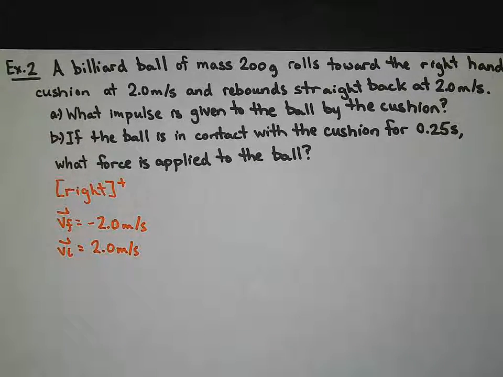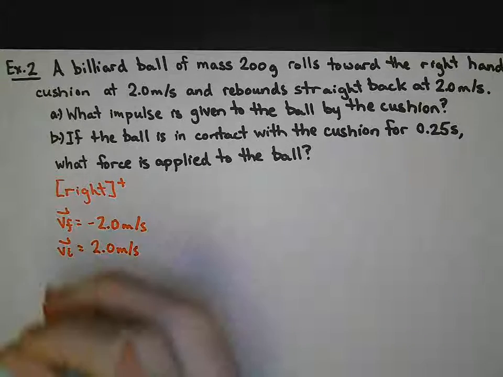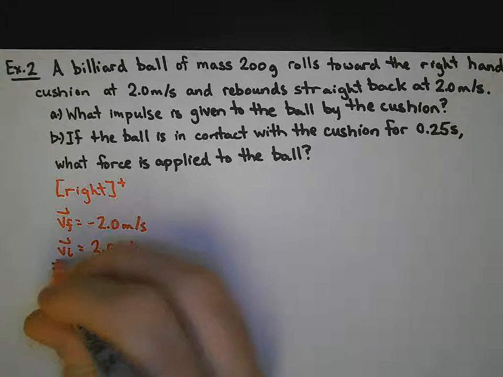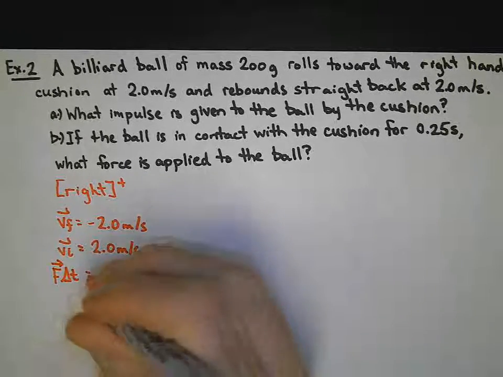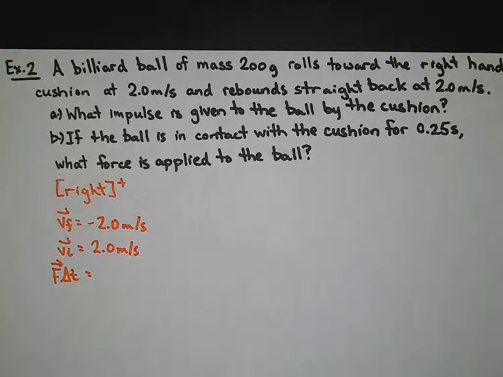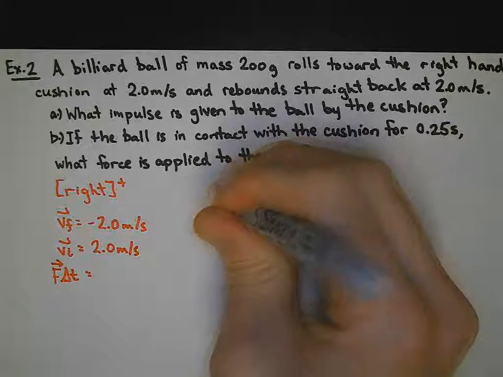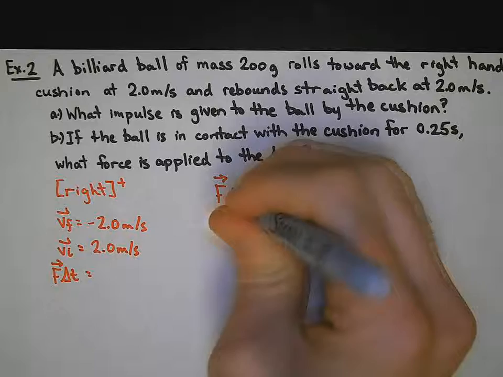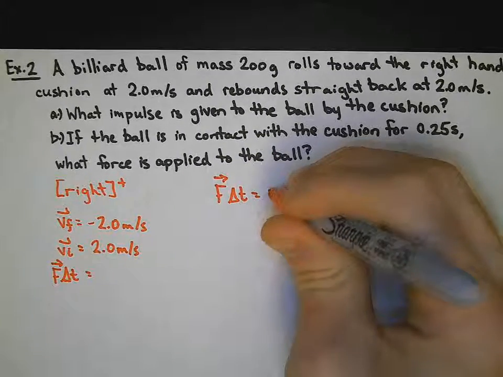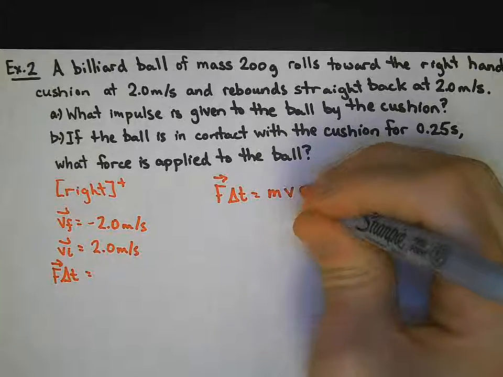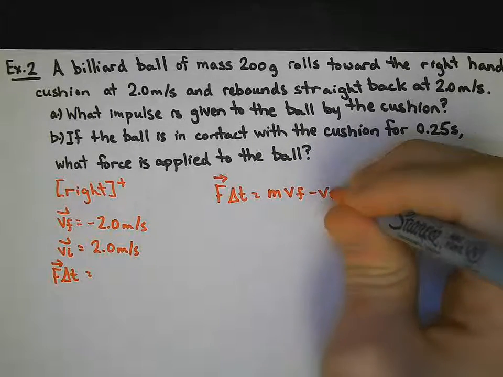We're going to calculate in part A the impulse that's given to the ball by the cushion. So we are going to calculate F delta t. F delta t, our impulse, will be equal to m times Vf minus Vi.